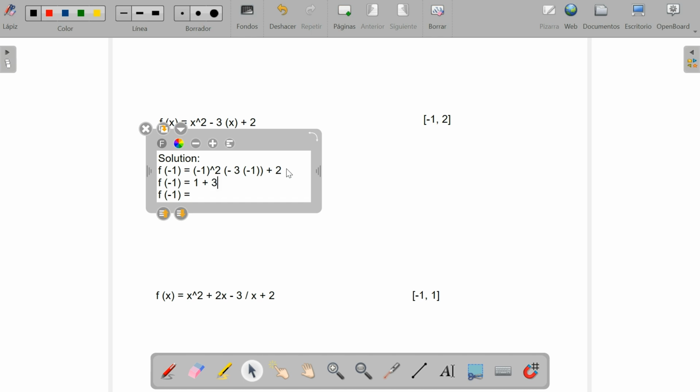Why is this positive? Because this was squared, and 1 times 1 is 1.